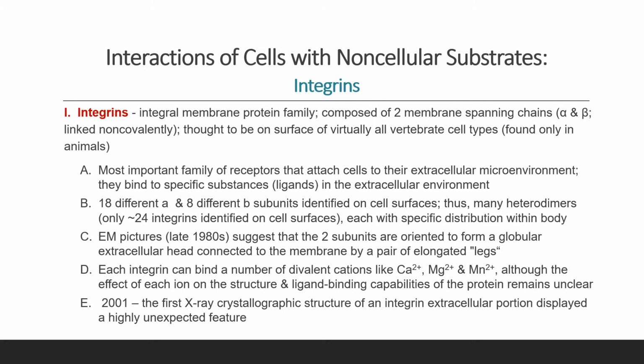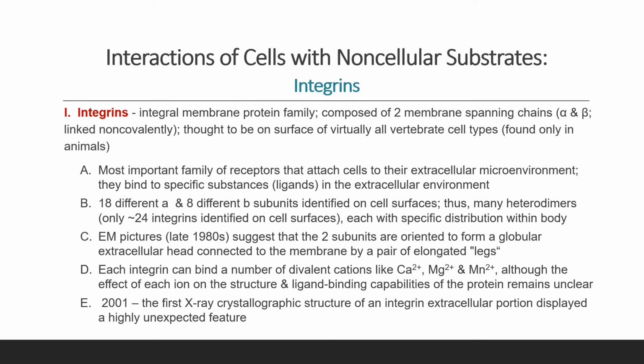For the EM pictures in the late 1980s, they suggest that the two subunits are oriented to form a globular extracellular head connected to the membrane by a pair of elongated legs.